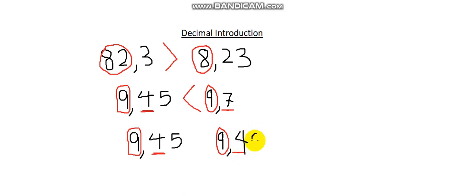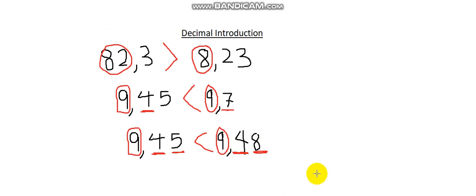Like this. Well, again, I compare this 4 with this 4, but they're the same. So what I do is I just move on to the next digit to the right, because they're equal. And I compare the 5 with the 8. The 5 is less than the 8, so 9.48 is more.